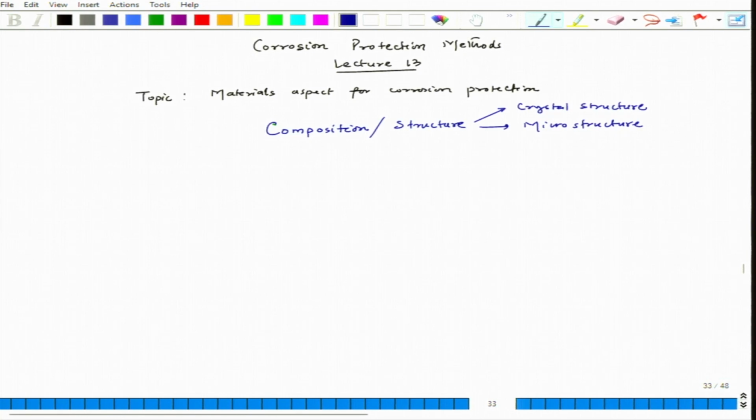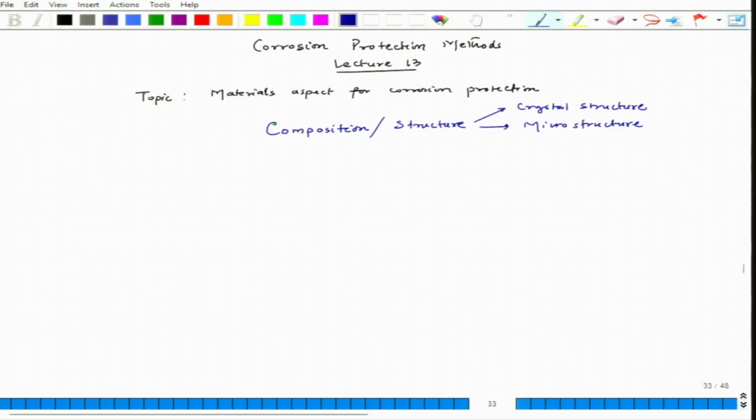Now, that could be mixed also. It can have a change in crystal structure as well as microstructure, because of the morphological distribution of different phases, or even a single phase. If it is a single phase, let us say austenite, it can be fine, it can be coarse, or it can be mixed. That means there could be a presence of fine grains as well as coarse grains. So, those variations are possible. So, these are about composition and structure.